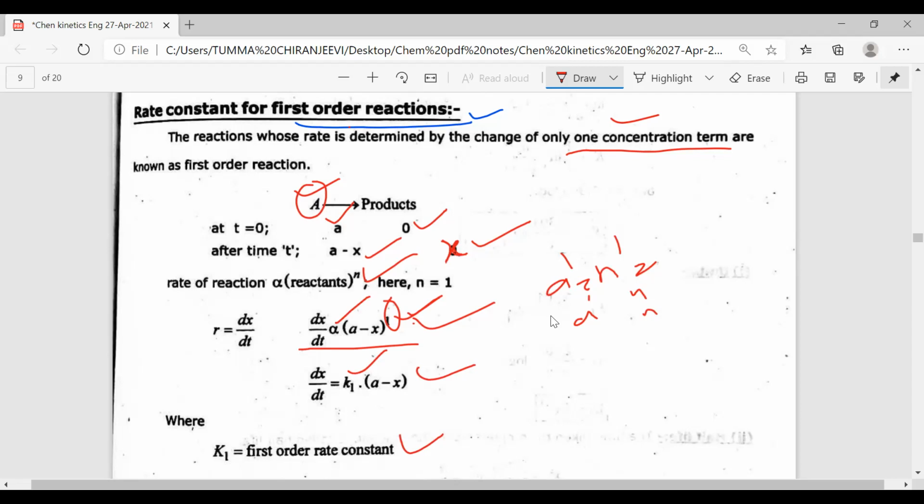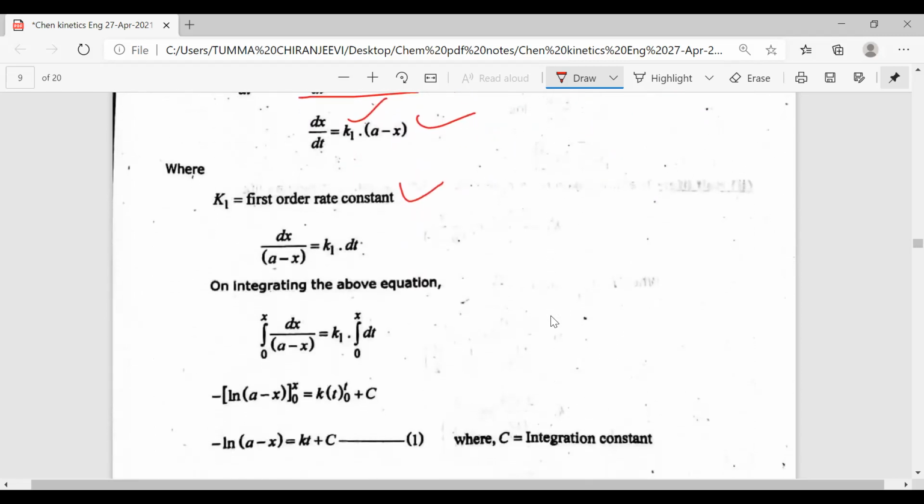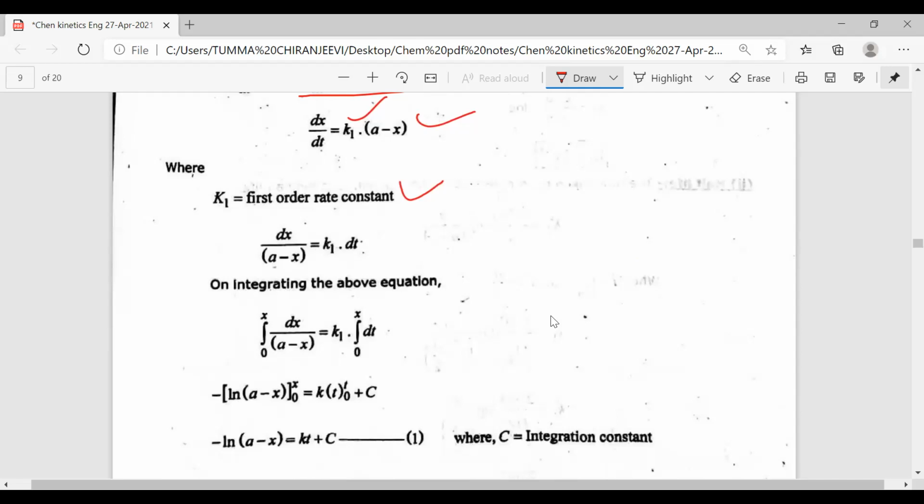Now take the a minus x to this side and dt to that side. After rearrangement, what you can get is dx by (a minus x) is equal to k1 into dt.